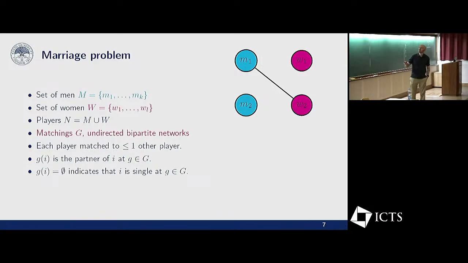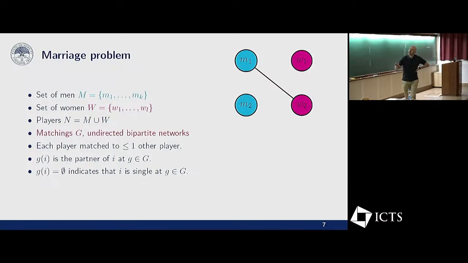Now, we assume monogamy, right? So otherwise it's a many-to-one matching, otherwise known as the college admissions problem. So we're going to assume monogamy, so that each player is matched to at most one other player, but could be unmatched.